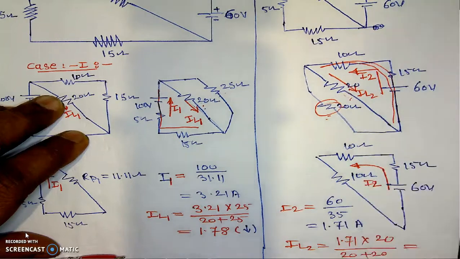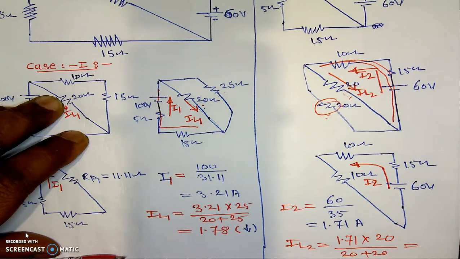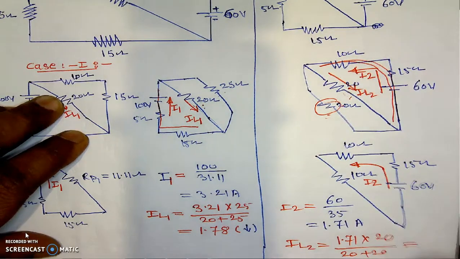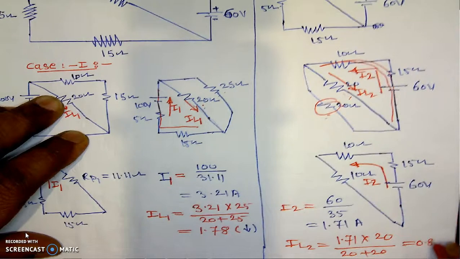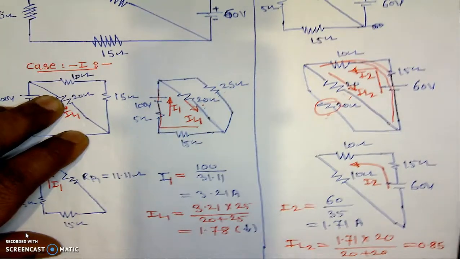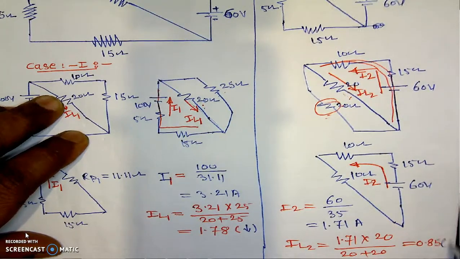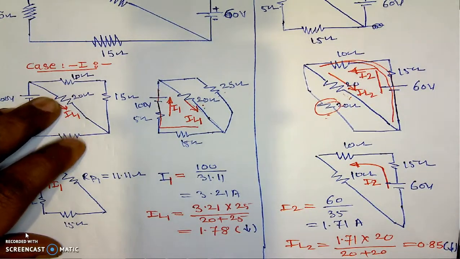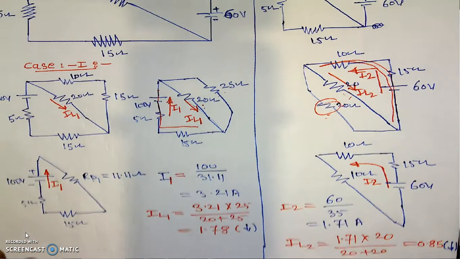In this case the current is 0.857 amperes, which is 0.85 amperes. And in this case again, its direction is downward.